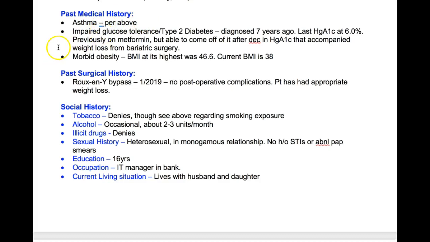Now in this patient's case, there's details about her history of type 2 diabetes and impaired glucose tolerance. You can go ahead and read it there. The kind of information your reader wants is to know how bad it is. So in this case, her hemoglobin A1C is a good indicator. What medications you're on.